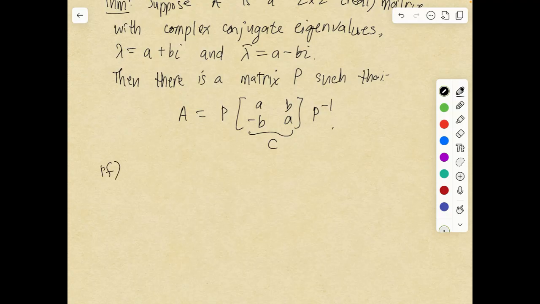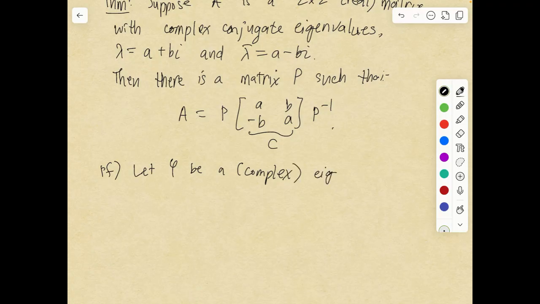Well, I have to tell you what P is, and then I have to explain why A equals PCP inverse. So the way it works is, suppose you take an eigenvector of lambda, an eigenvector with eigenvalue lambda. So let phi be an eigenvector of lambda. Now usually phi will have complex components.